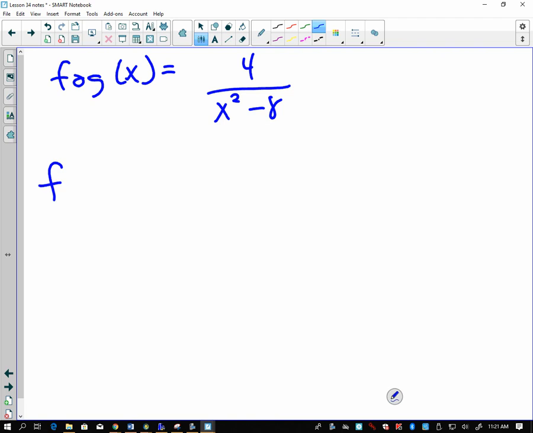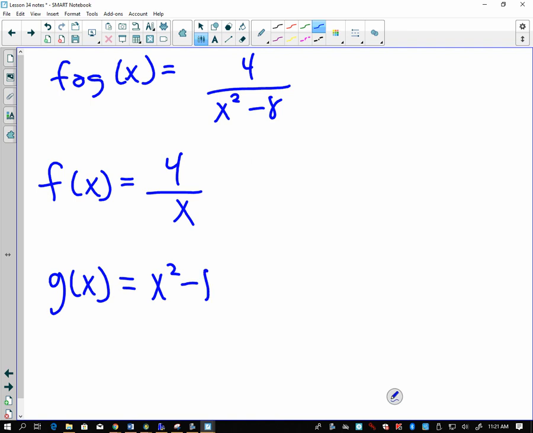So what we should see here is that the function f of x is 4 over x, and g of x would then be x squared minus 8. Do we see how if I plug g of x into f, I would replace x with x squared minus 8? So the division bar becomes my grouping symbol. Did that make any sense? Okay. Let's look at the next one.